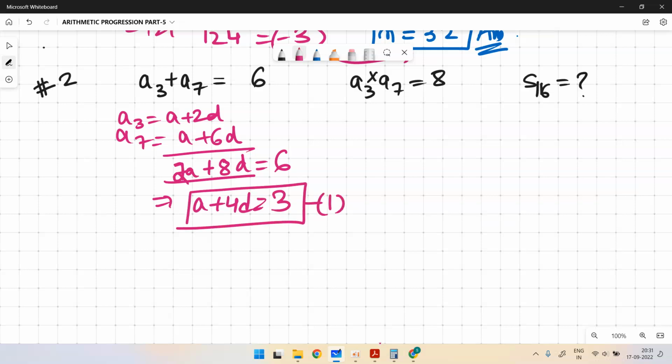The second equation will come from here. a3 is a plus 2d, a7 is a plus 6d, and the product is going to be 8.